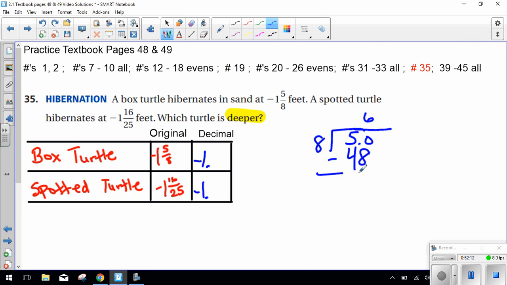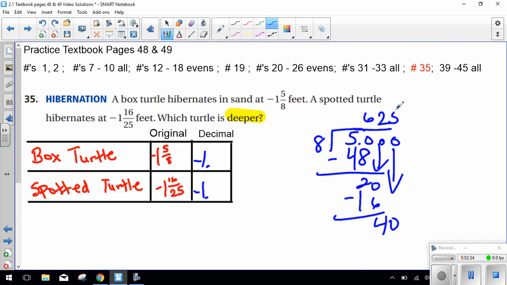There's 2 left over, add a 0 and bring down. 8 goes into 20 2 times. That gives me 16 with 4 left over. Add a 0 and bring down. 8 goes into 40 5 times. That gives me 40 with nothing left over. Decimal goes straight up. So this guy is at -1.625, or -1 and 625 thousandths.